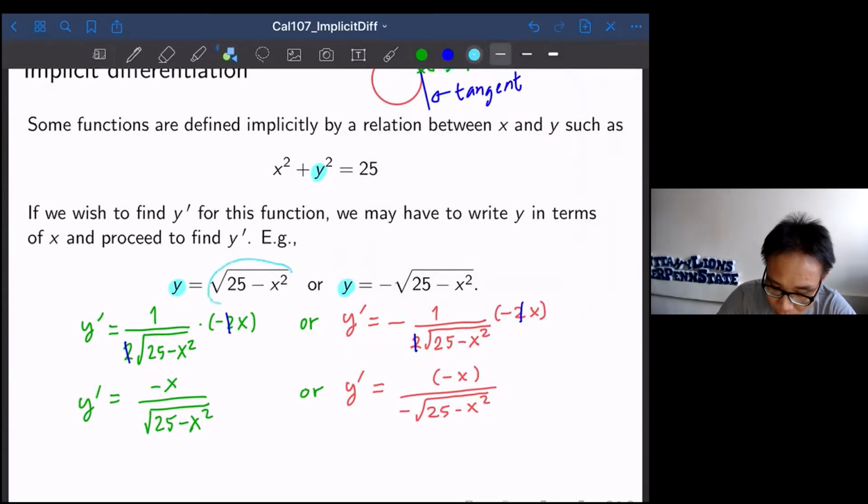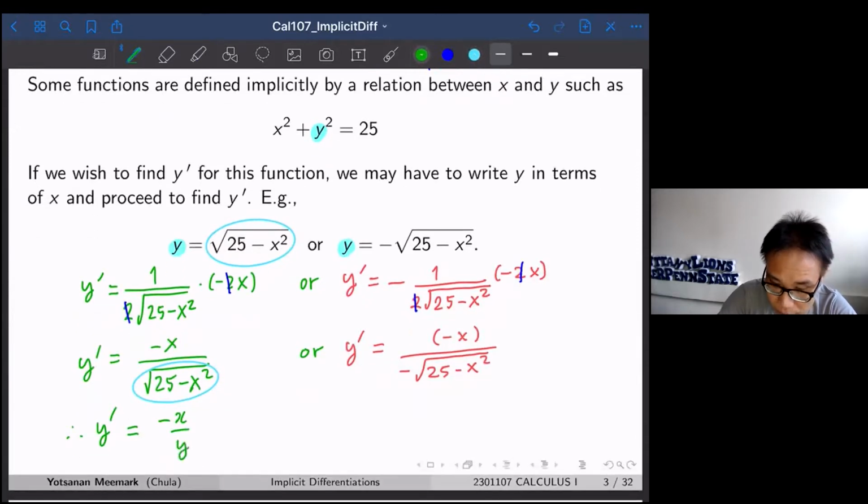It's gonna be just y. So this 25 minus x squared inside the square root is y. So in this case, you may say, hey, this equals negative x over y. The answer is yes, it actually is.